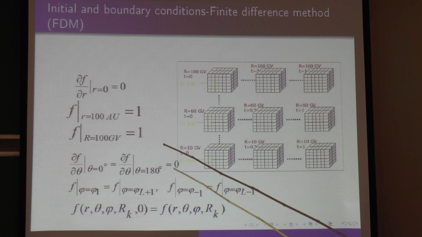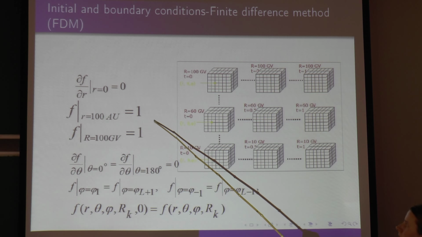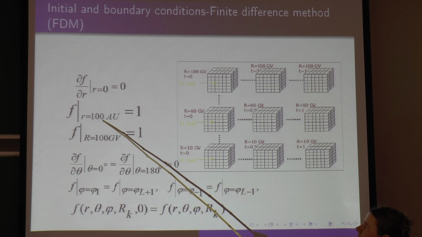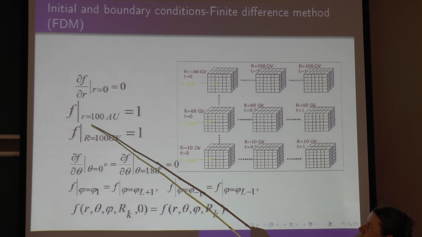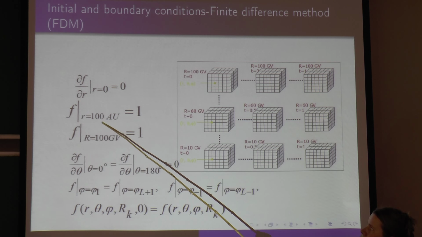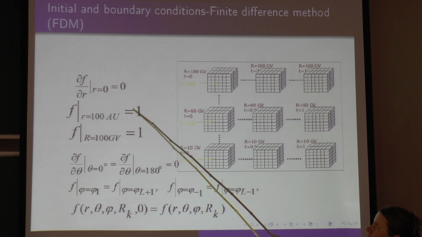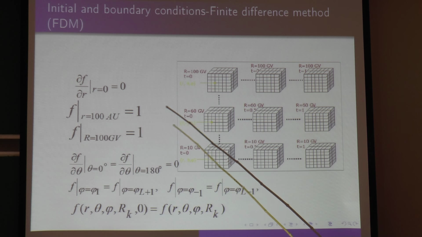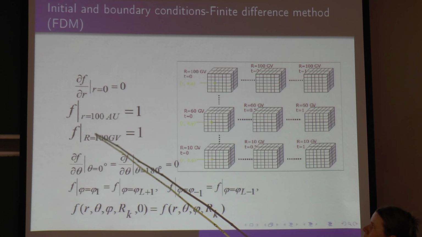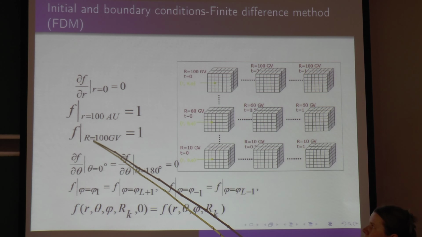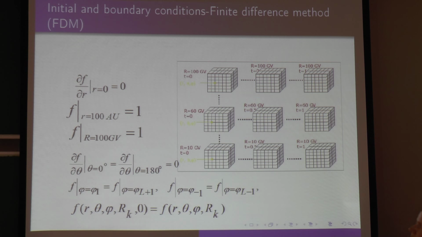We assume no modulation after the termination shock. We assume the boundary of the heliosphere at 100 astronomical units. This is the normalization, intensity equals 1. No modulation for maximum energy equal to 100 GeV.